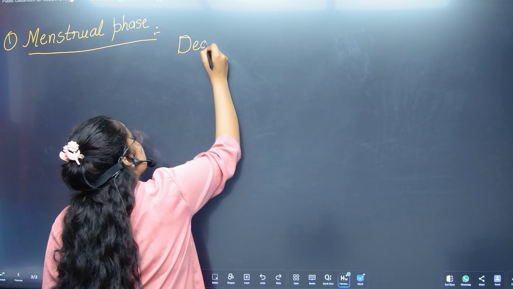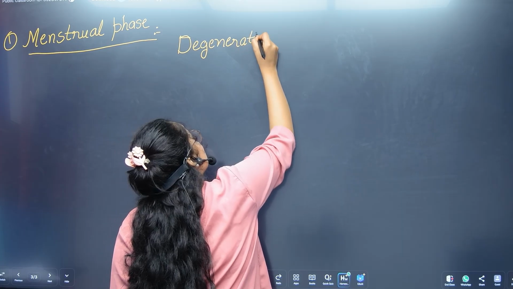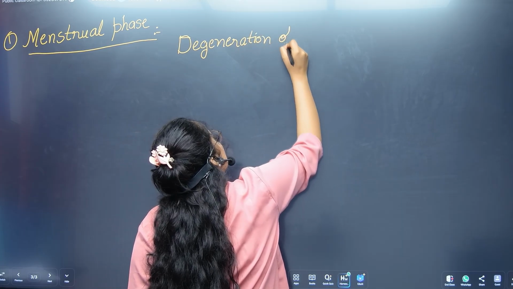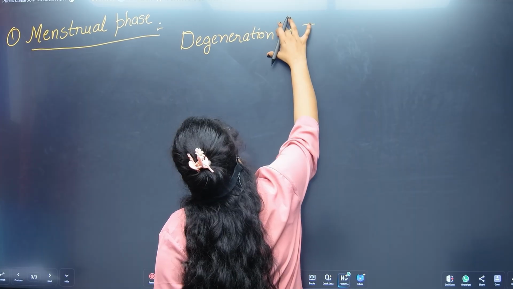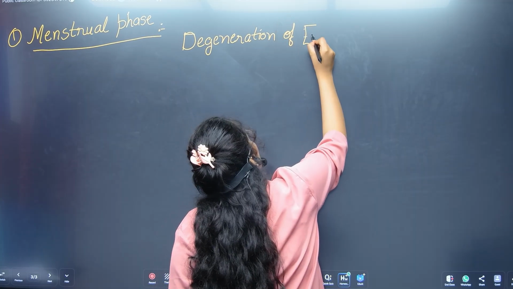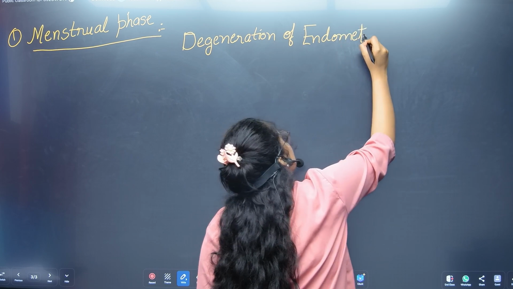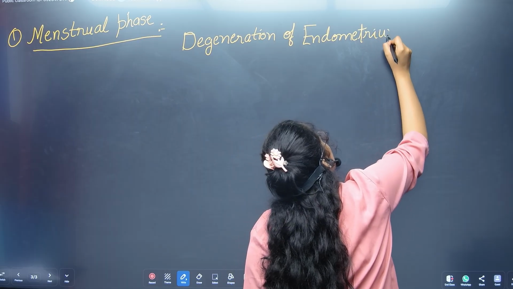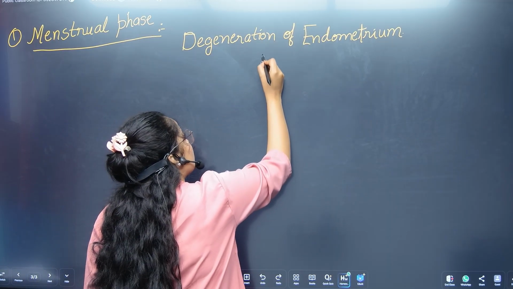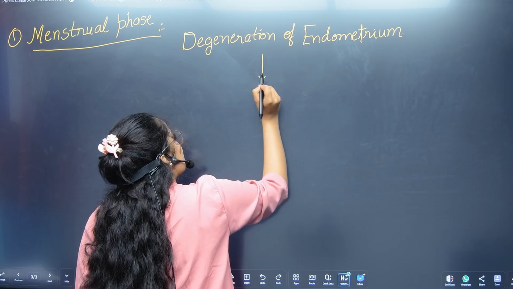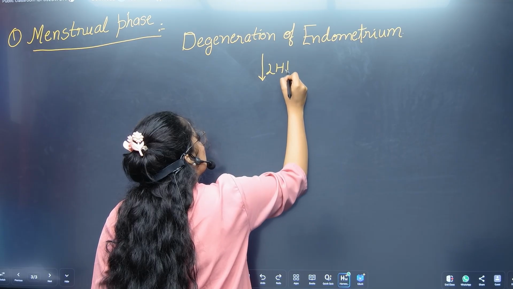Here the degeneration of the endometrium takes place due to the decline in the luteinizing hormone.